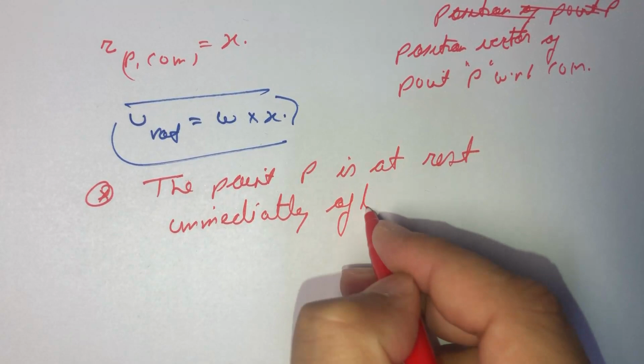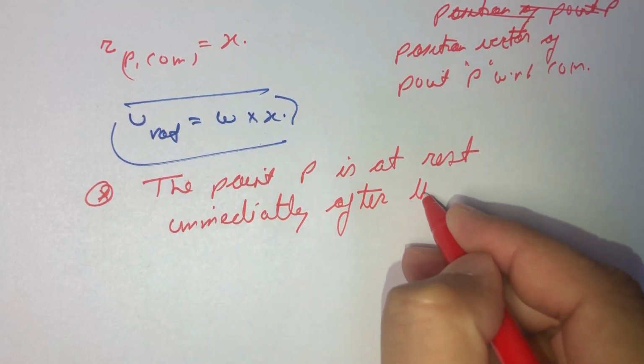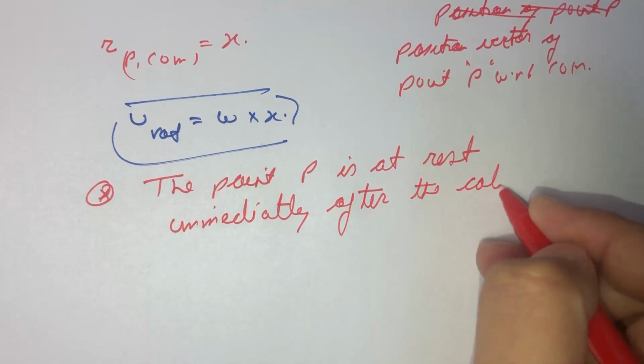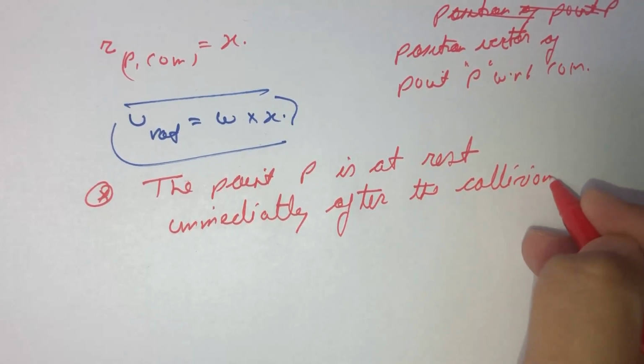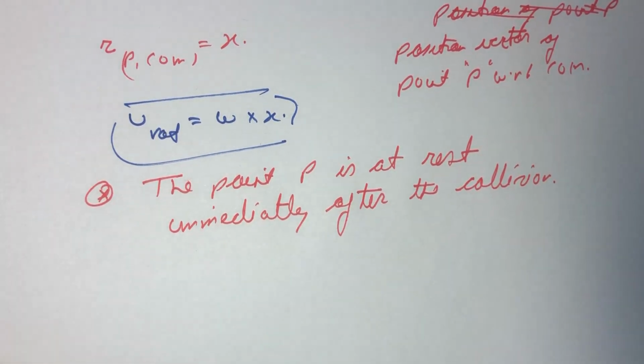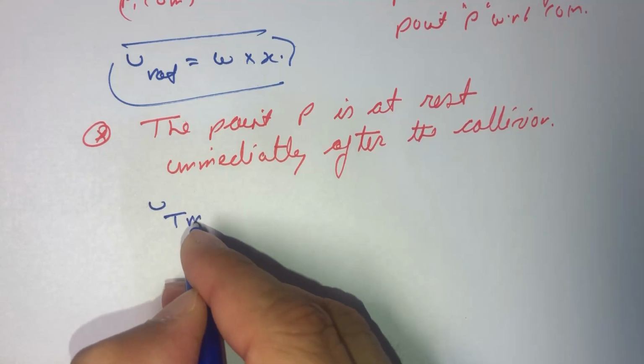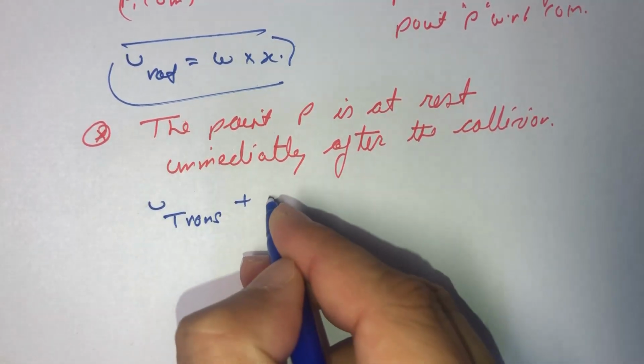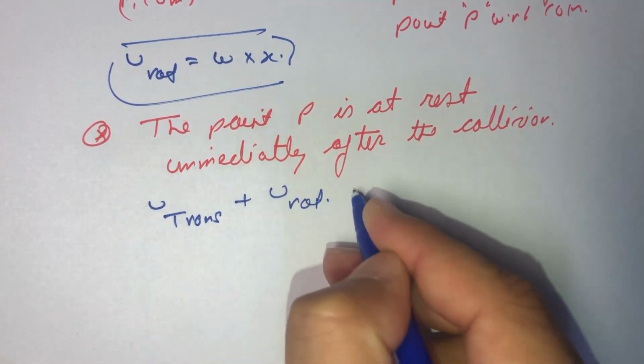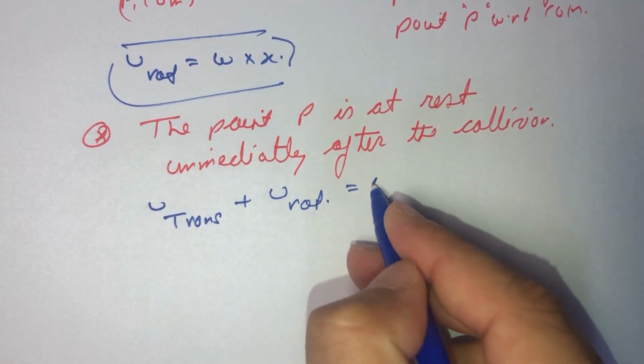After the collision, therefore, V translational plus V rotational will be equal to 0.